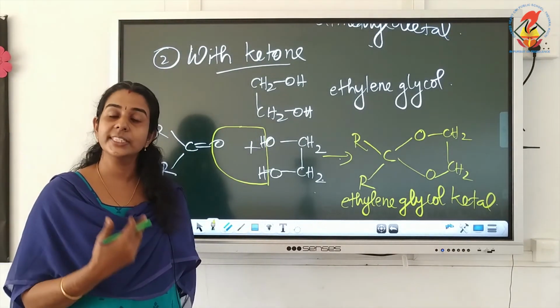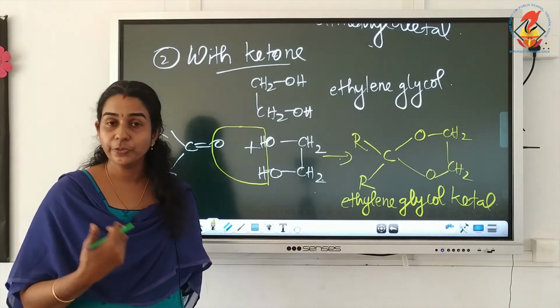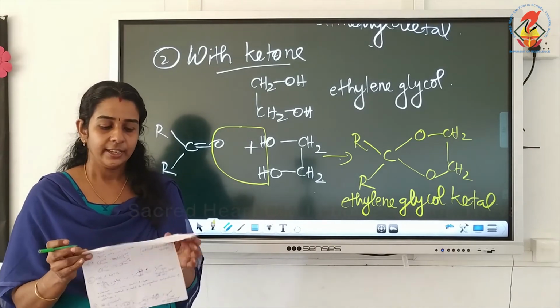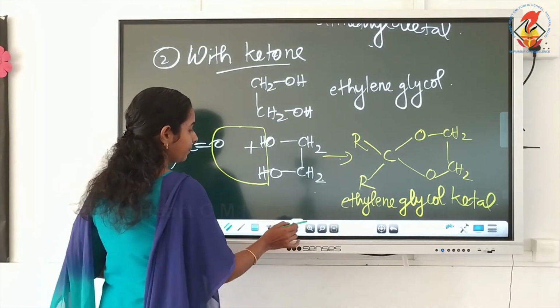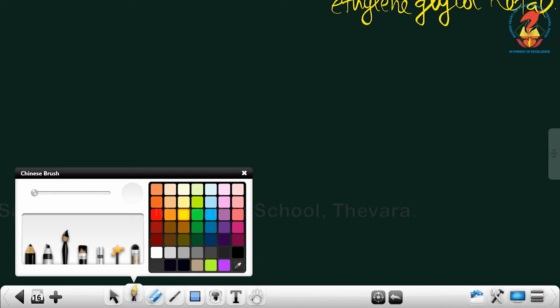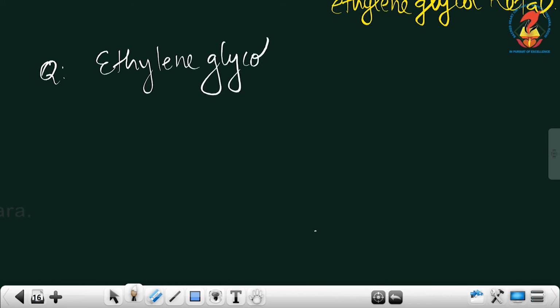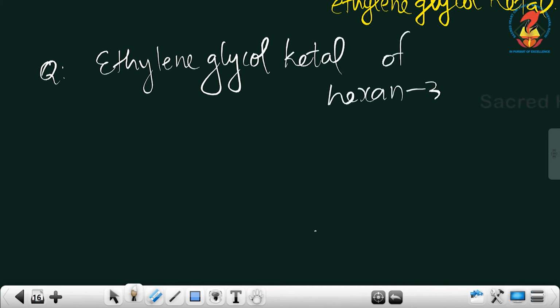Okay. So these are the two reactions coming under the reaction of aldehyde and ketone with alcohol. Now there is a question given in the back exercise. The question is to draw the structure of ethylene glycol ketal of hexane-3-one.